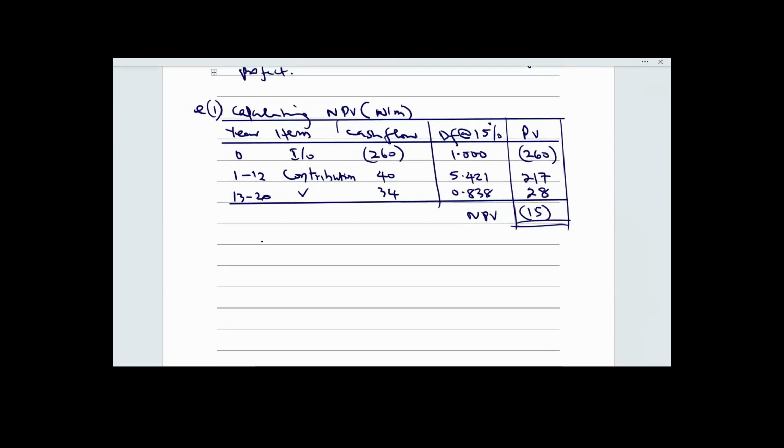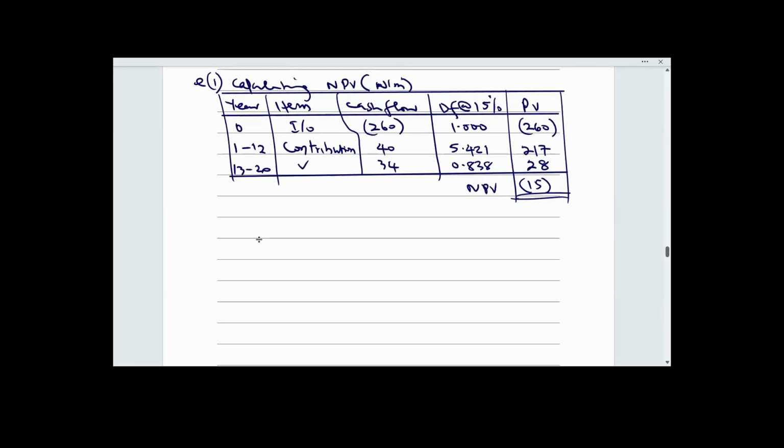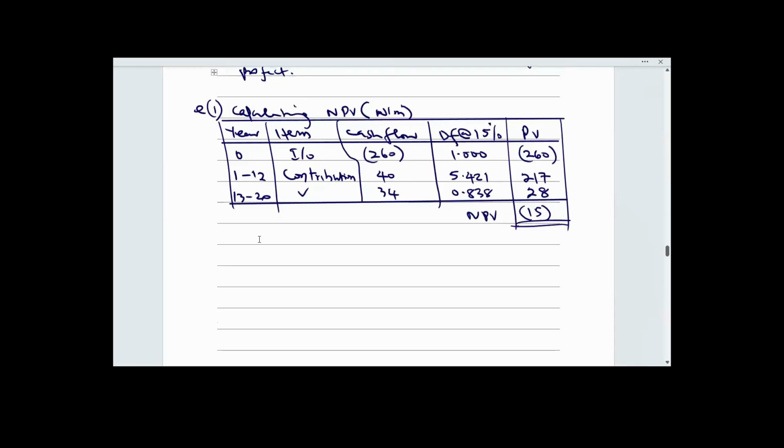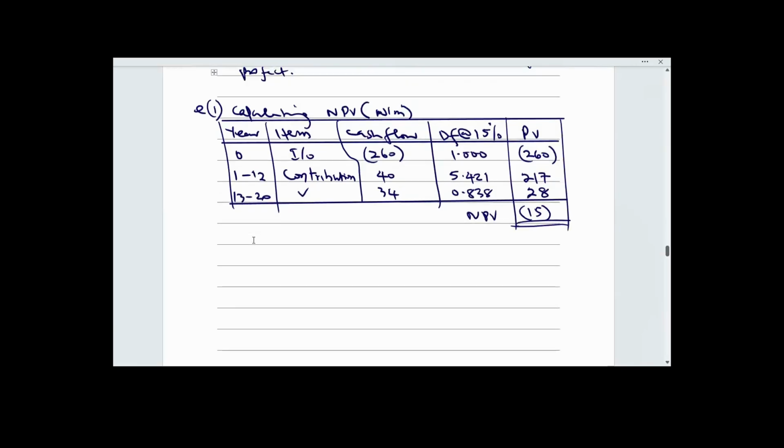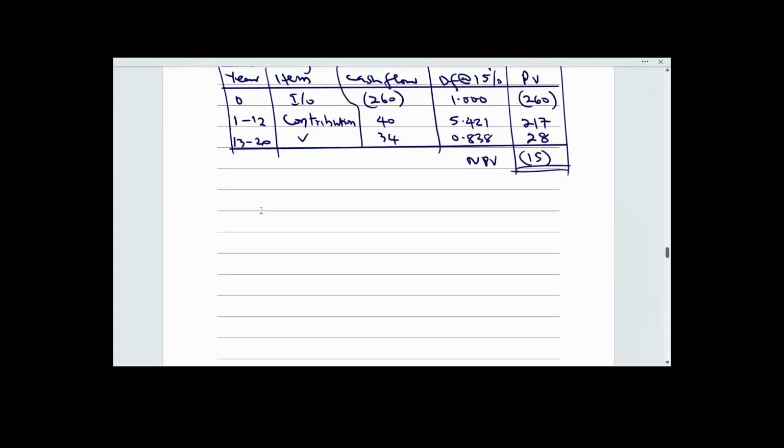Now, the last part, we have to calculate internal rate of return. And you know that whenever you want to calculate internal rate of return, you assume two discount rates that will produce two opposing NPVs. Because I've calculated NPV before at 15% and got a negative NPV, I will assume 10% to get a positive NPV. So number E, calculating internal rate of return.